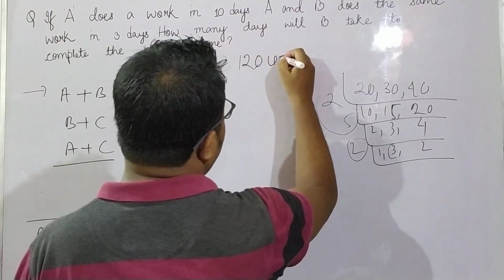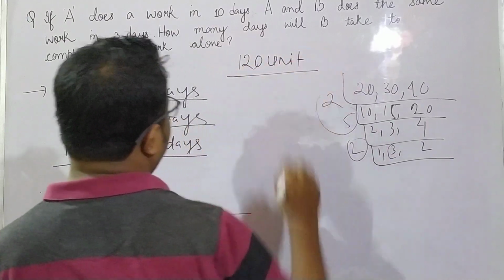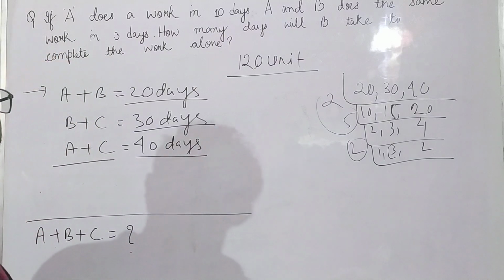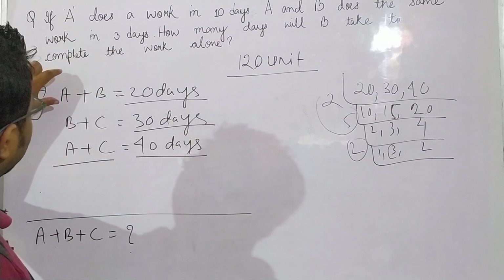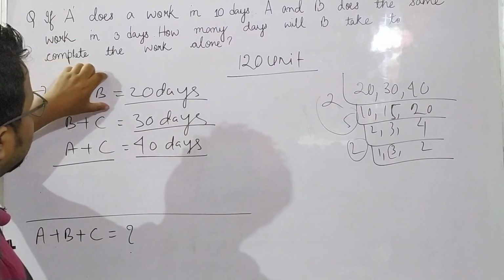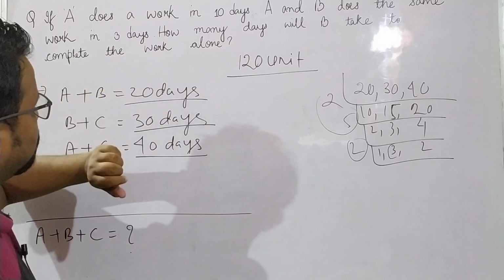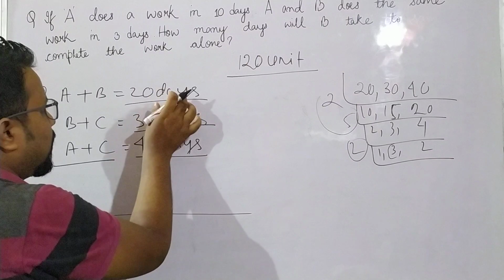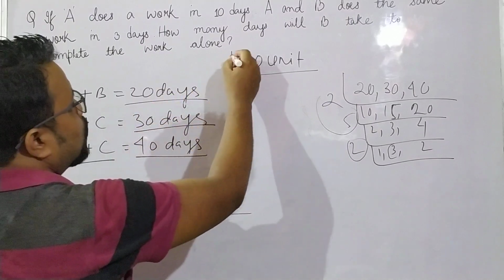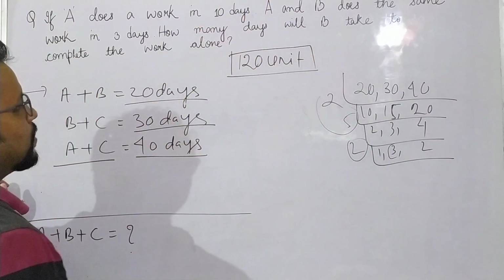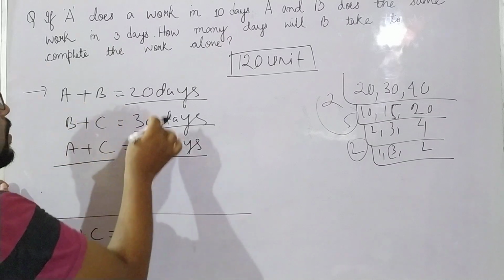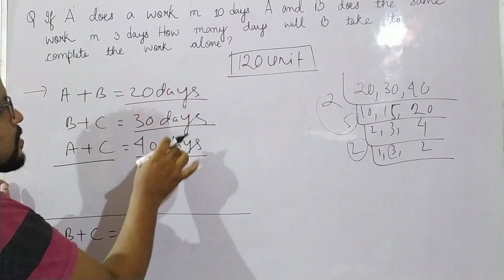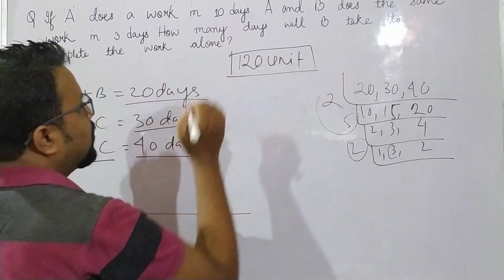So total work will be 120 unit. A and B do this work in 20 days. A and B in 20 days have to do 120 unit.